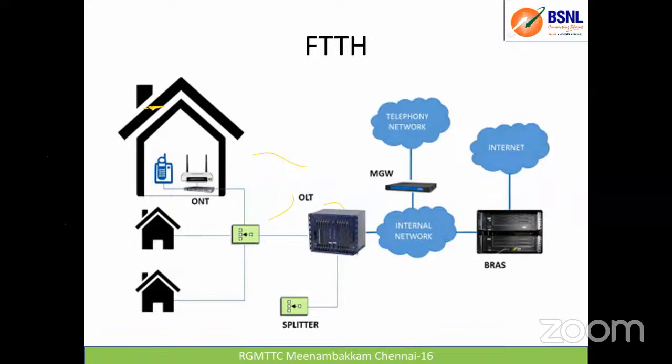This is the architecture of an FTTH. This is the ONT, the customer end. We place the ONT in the customer premises. From the ONT, separate lines are given for a telephone line and for a broadband connection.